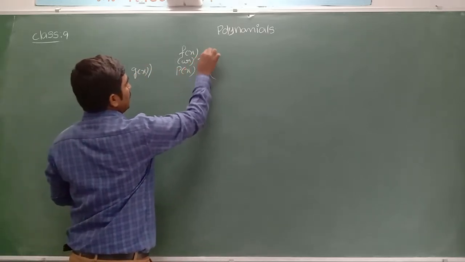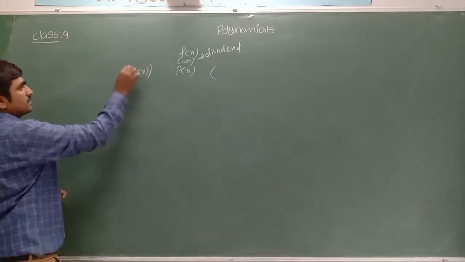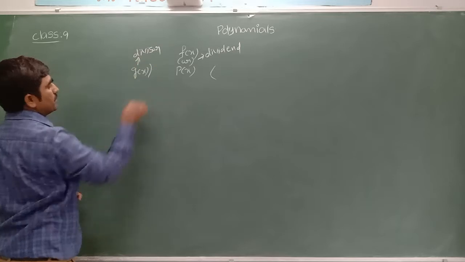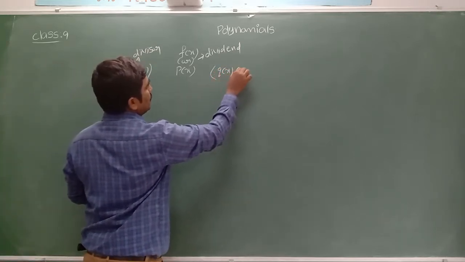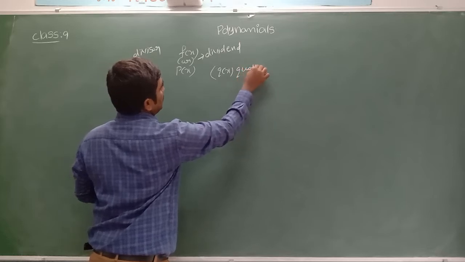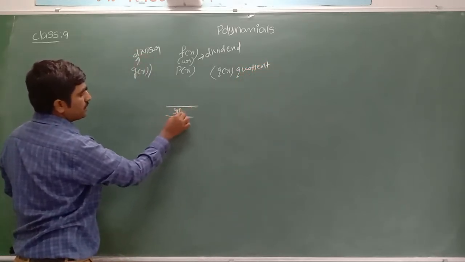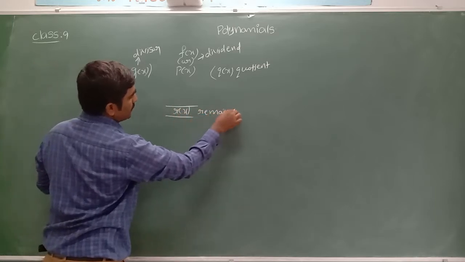The quotient will be represented with q of x, and the remainder will be represented with r of x.